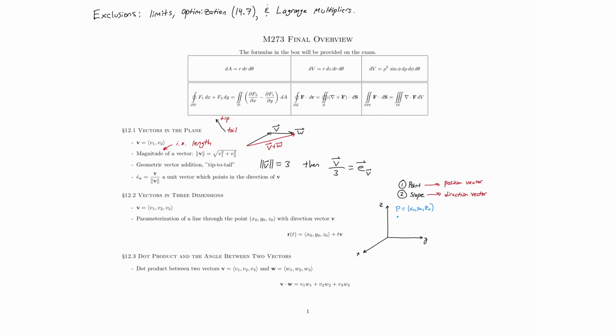The position vector, all its job is essentially, it's a vector that points from the origin to the point on your line that we're using. So in this case, we're using this point P, x naught, y naught, z naught. So this vector O to P is a vector that points from the origin to this point. So there's the vector O to P.